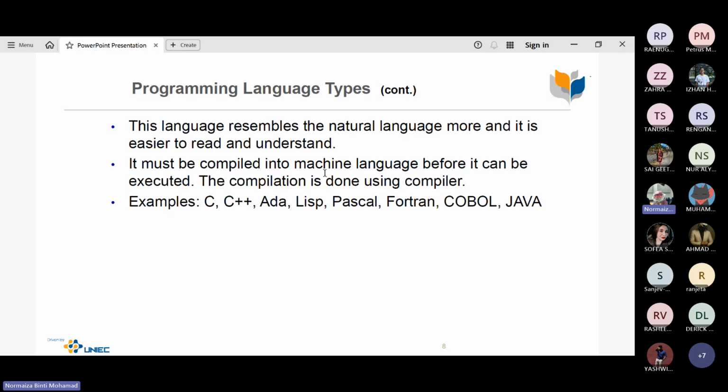COBOL, also old, not used anymore, this is for databases. And of course, Java, which is the ancestor for many other languages. Nowadays it's all sort of Java.